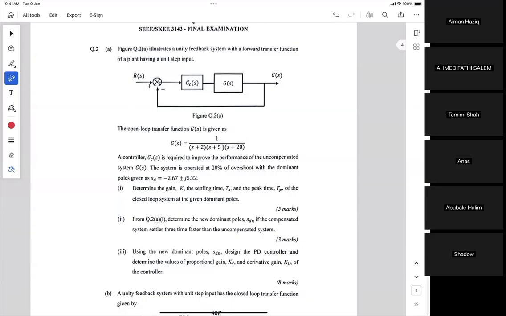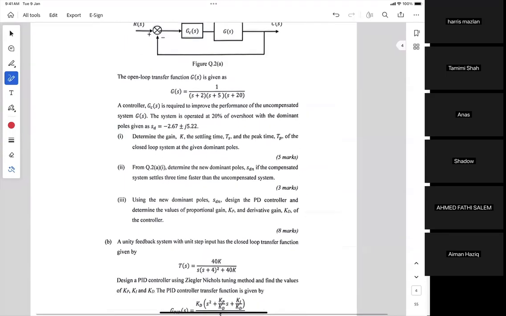Determine the gain K, the settling time Ts, and the peak time Tp of the closed loop system at the given dominant poles. 2. From Q2A1, determine the new dominant poles SDN if the compensated system settles 3 times faster than the uncompensated system. 3. Using the new dominant poles, design the PD controller and determine the values of proportional gain Kp and derivative gain Kd of the controller.